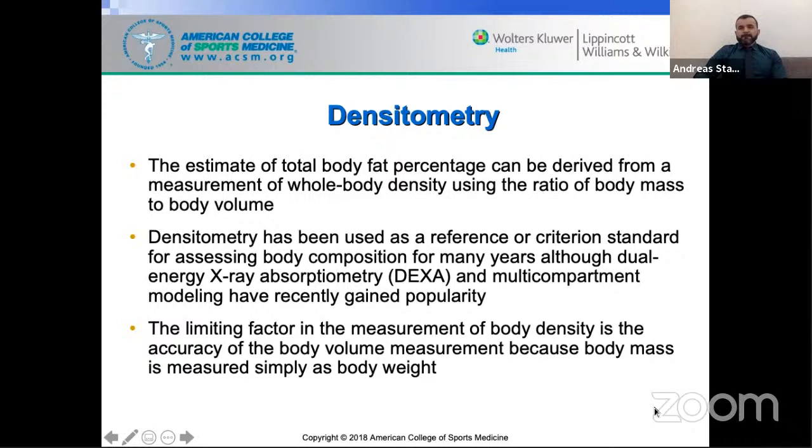Usually we measure that as a weight. The best way to do it right now, the gold standard as I said before, is DEXA. Very expensive piece of equipment though.